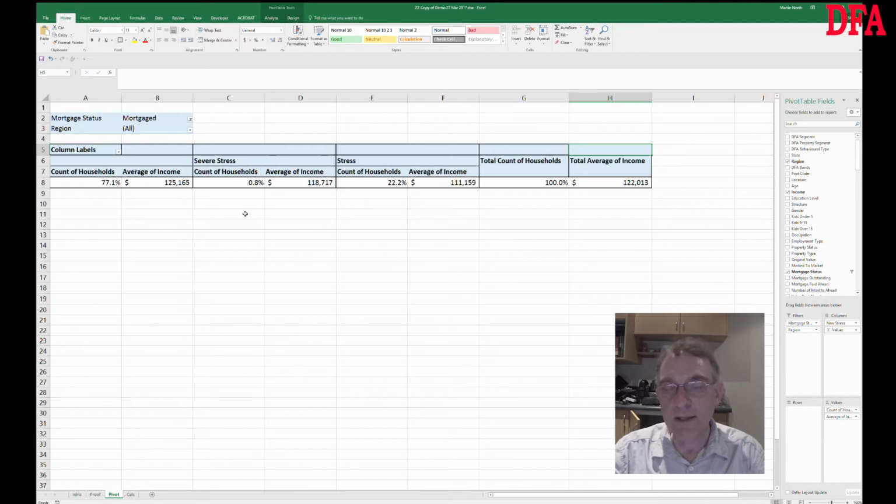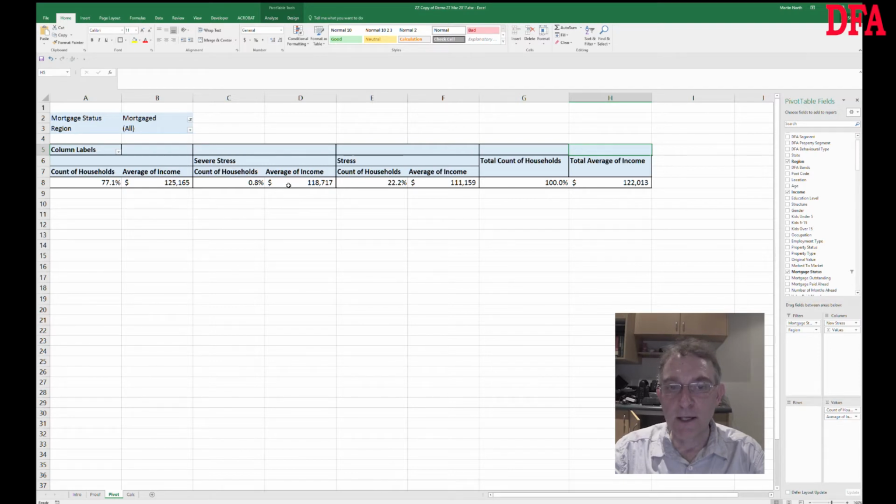Those who are stressed are making their mortgage repayments, but are doing so by cutting back on expenditure, putting more on credit cards, and generally hunkering down. Those in severe stress, on the other hand, are beyond that, and are now struggling to make the repayments, or trying to refinance, or maybe even trying to sell their property.